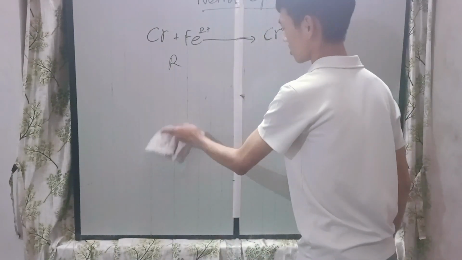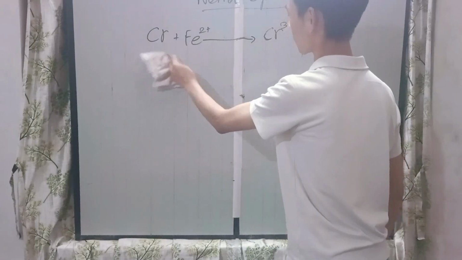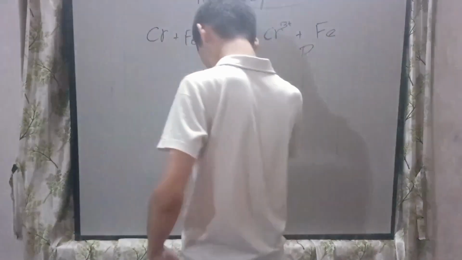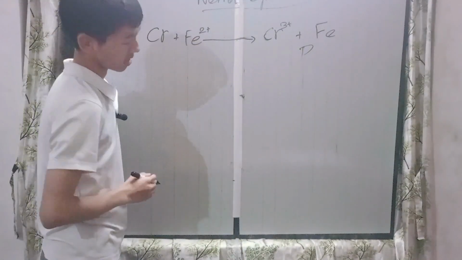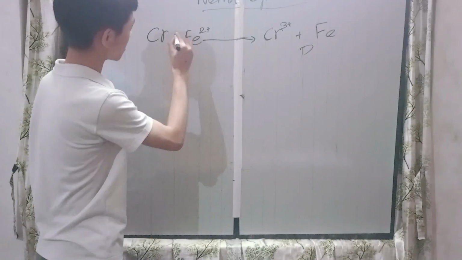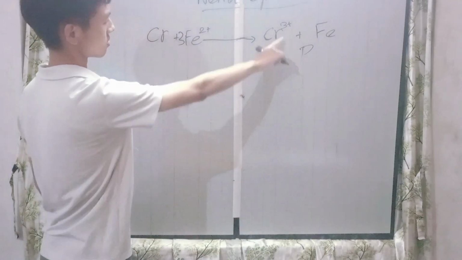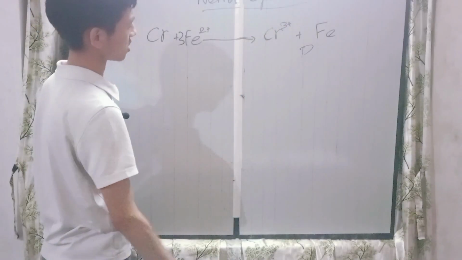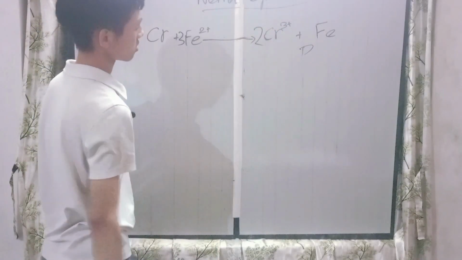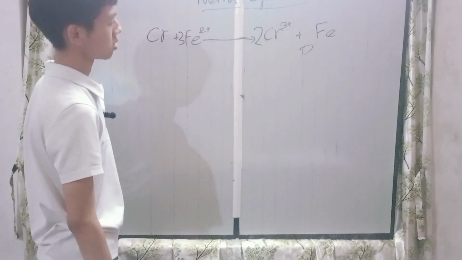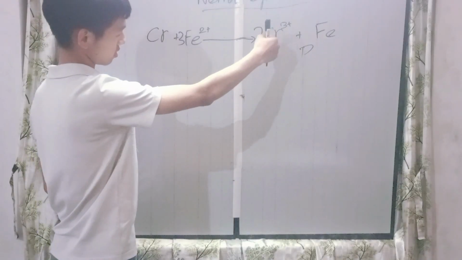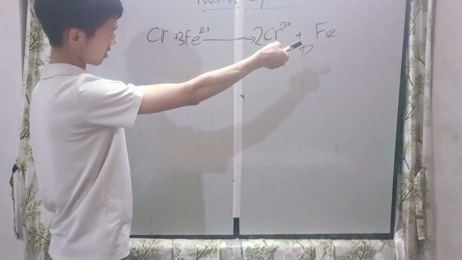So we need to make 2 electrons into 6: 3 moles of the one with 2 electrons, and 2 moles of the one with 3 electrons, giving 6 electrons.